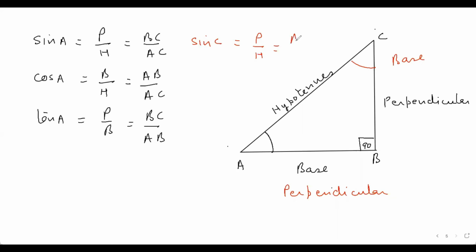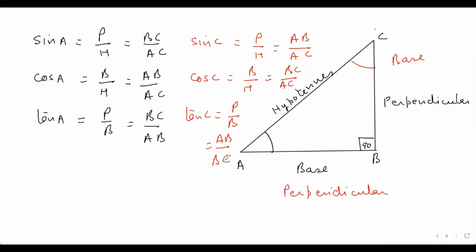P is AB, so sin C is AB by AC. What is cos C? B by H. What is B here? B is BC, so cos C is BC by AC. And what is tan C here? Tan C is P by B, that is AB by BC.